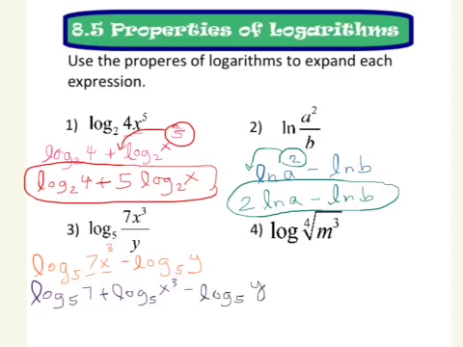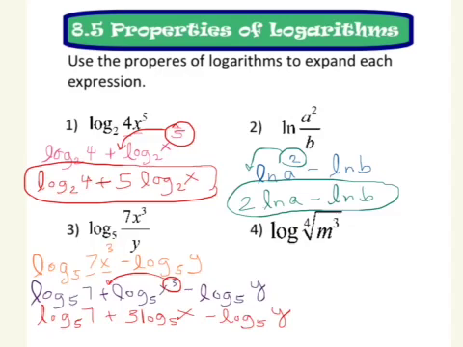And finally, I have that exponent floating around. I'm going to bring that to the front, and my final answer will be log base 5 of 7 plus 3 log base 5 of x minus log base 5 of y.